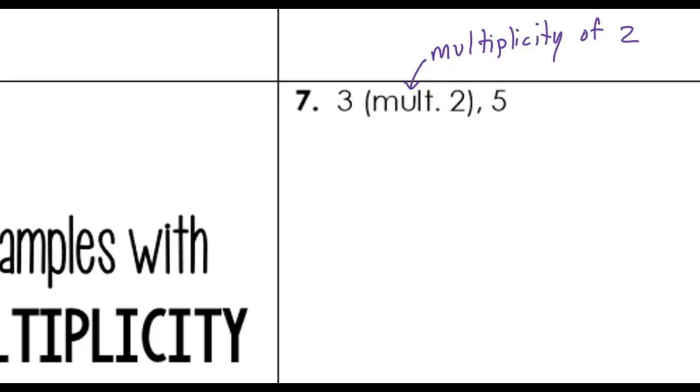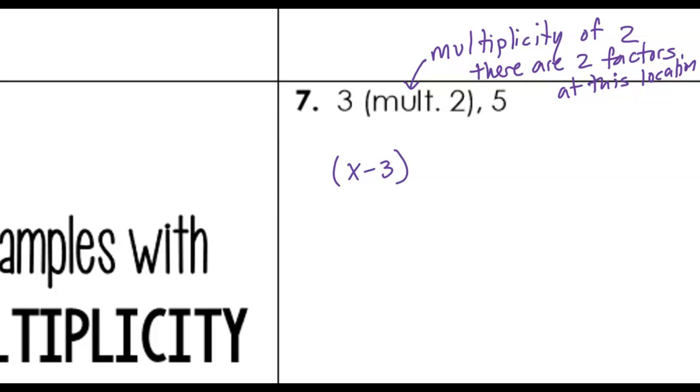What that means is there are 2 factors at this location. So my solution of 3 is actually a factor of x minus 3. And because it has a multiplicity of 2, there are 2 factors here. This factor is squared. And then the second factor is normal. It's just x minus 5.